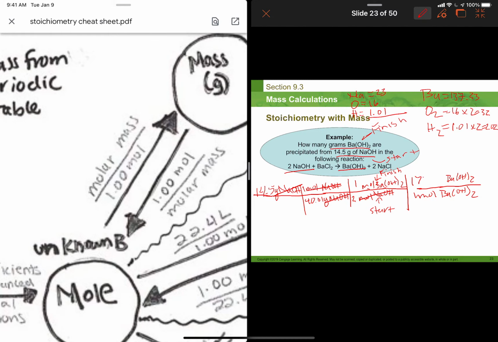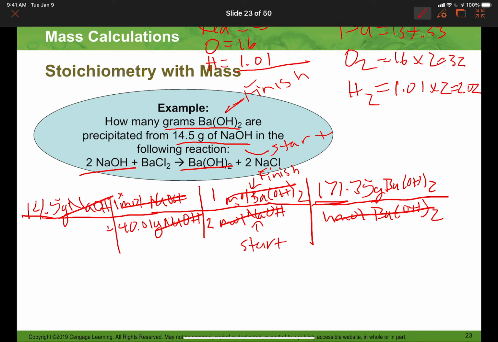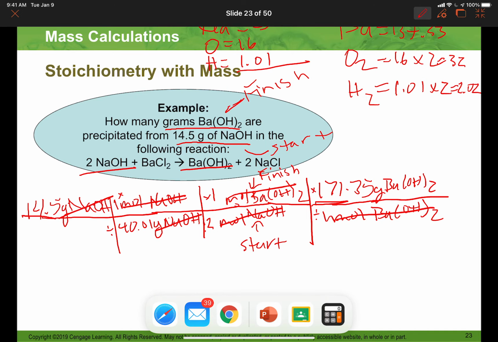So it's going to be 171.35 grams of Ba(OH)2. So we're going to get rid of moles of Ba(OH)2. And now remember, we're going to multiply by the top, divide by the bottom. Multiply by the top, divide by the bottom. You're going to have your calculator.